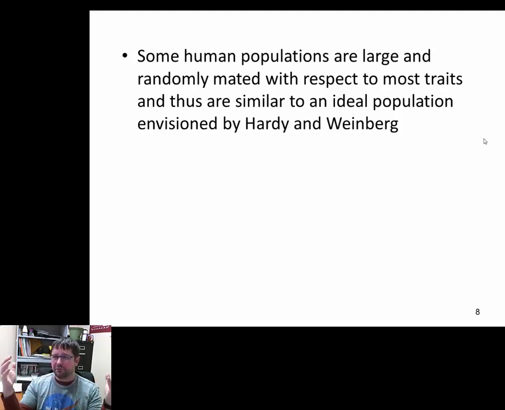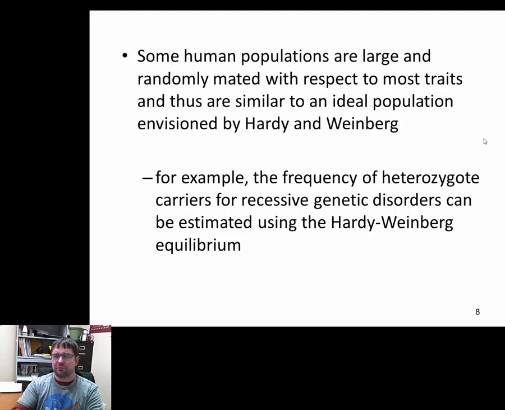But human populations are probably the closest group of organisms that actually fit Hardy-Weinberg equilibrium, and we don't fit it very well. So why was this ever brought up? Well, in part to show people that most populations are not stagnant. Most populations are violating Hardy-Weinberg equilibrium, and they're actually evolving.